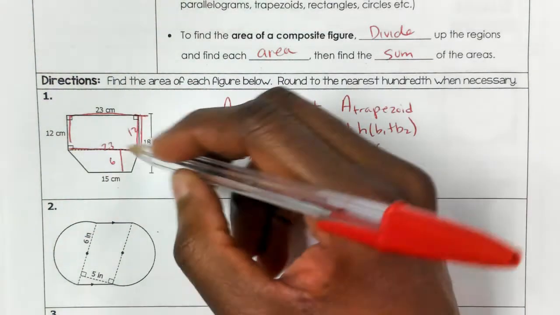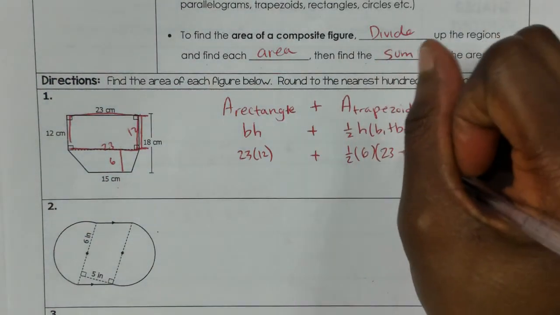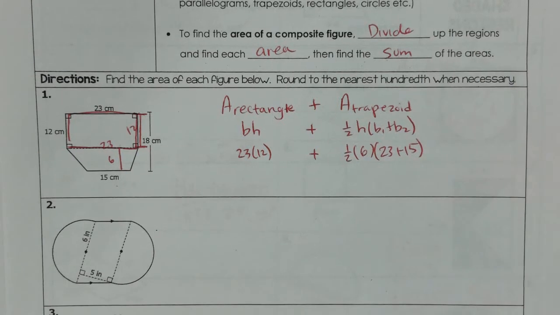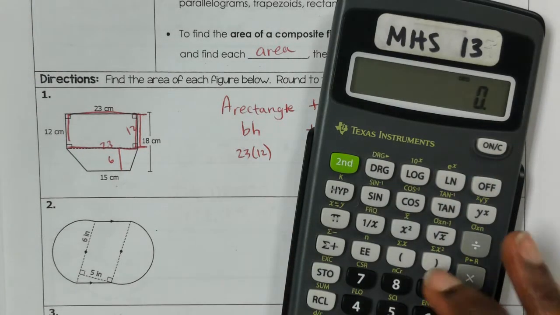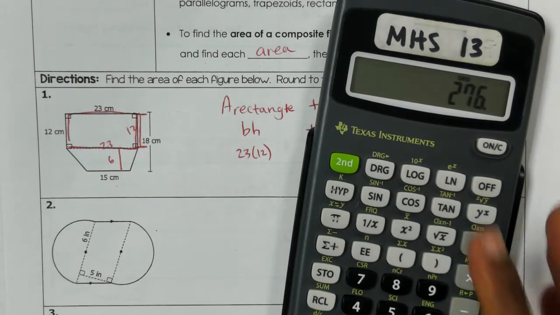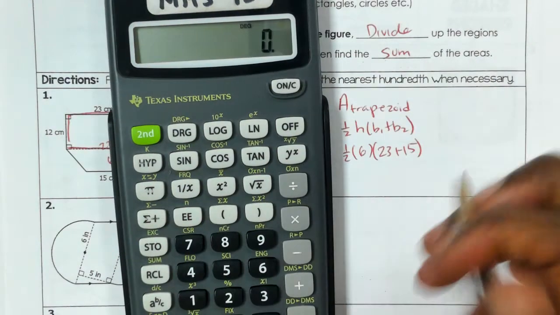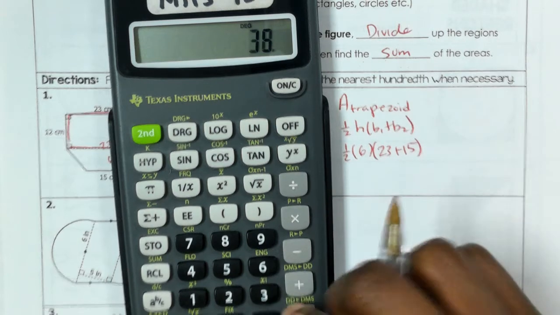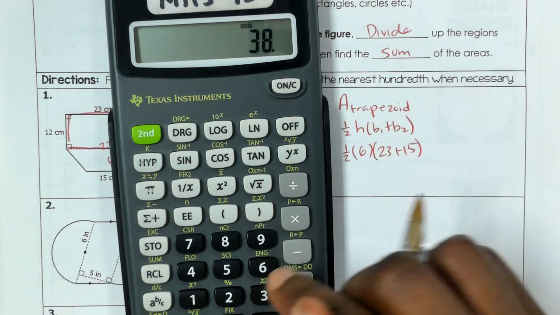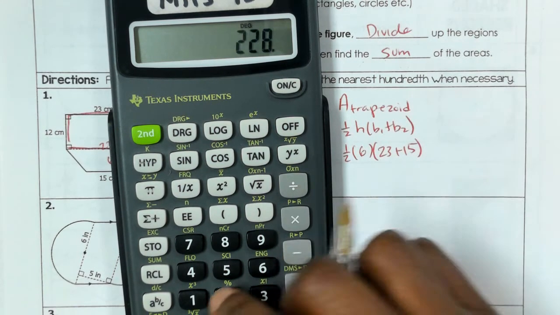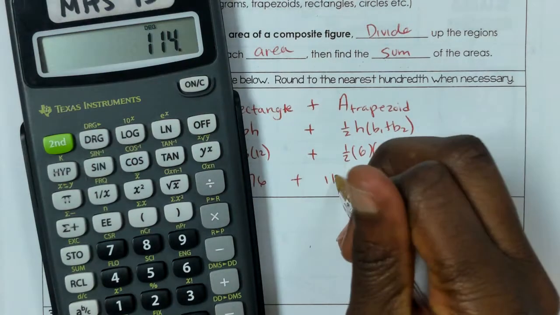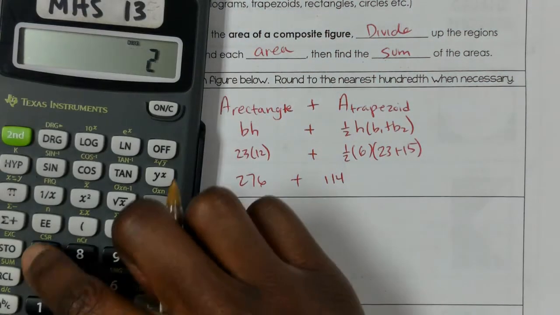The top and bottom parallel sides are 23 and 15. Then you're just typing all of that in. 23 times 12 is 276. And then 23 plus 15 times 6, divided by 2. Then we're going to add the two numbers together.